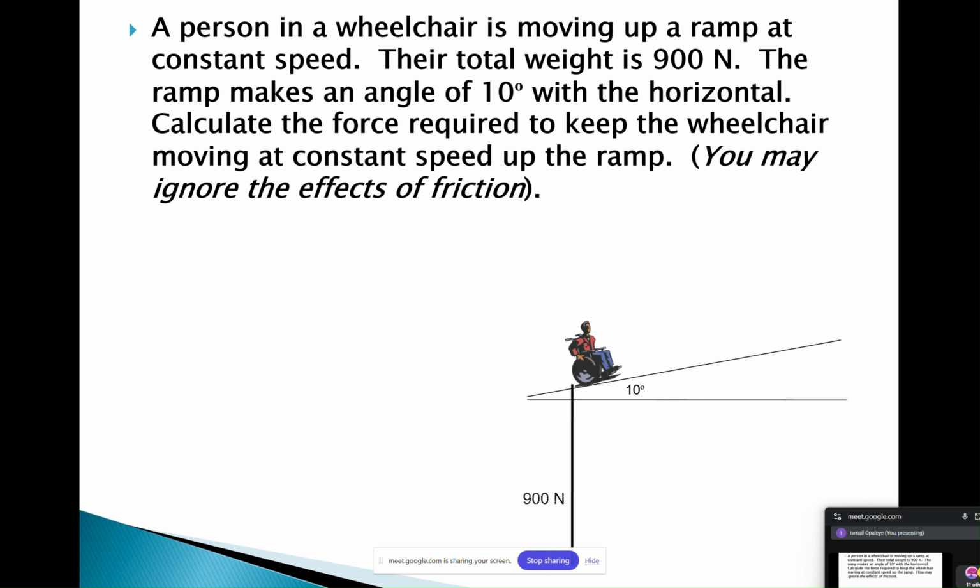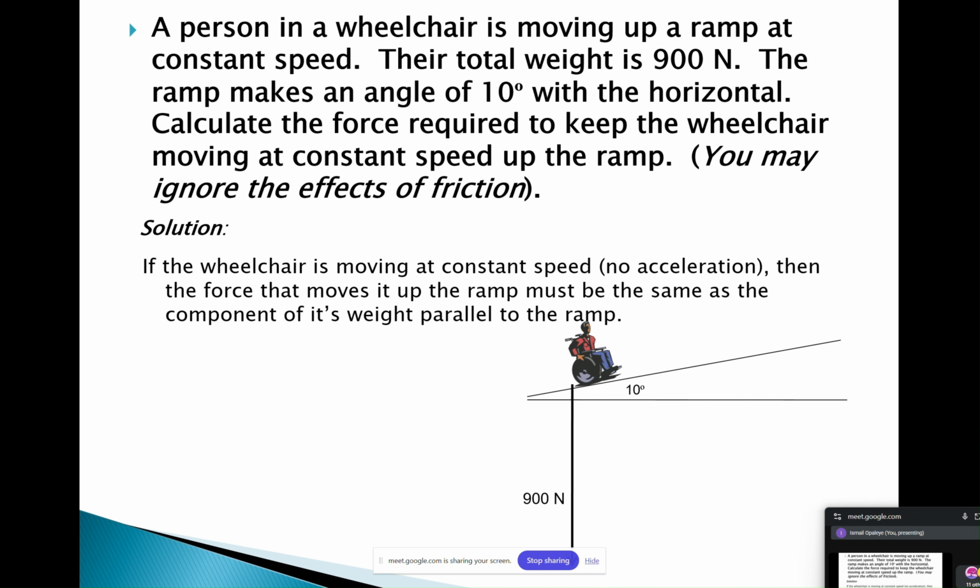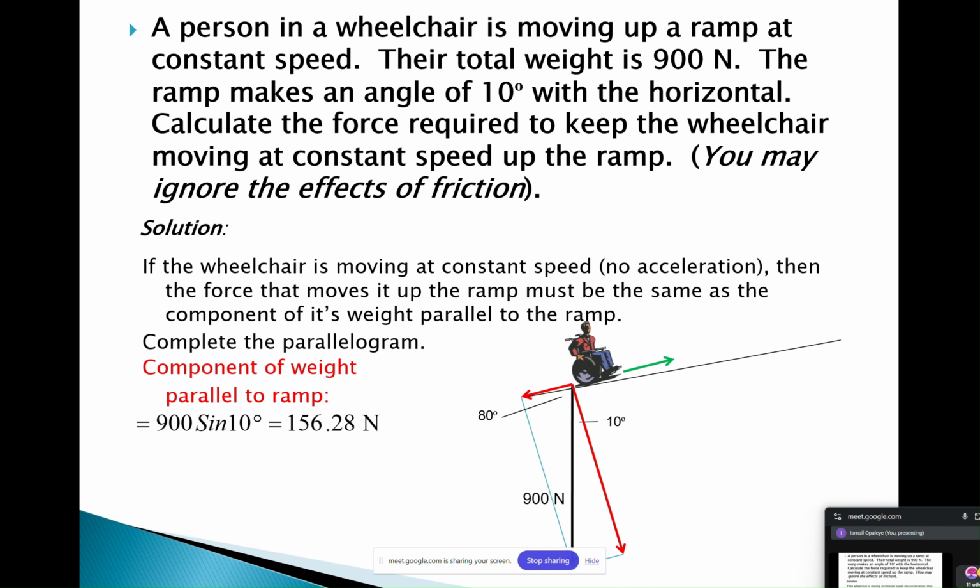A person in a wheelchair is moving up a ramp at a constant speed, and their total weight is 900 Newton. The ramp makes an angle of 10 degrees with the horizontal. Calculate the force required to keep the wheelchair moving at constant speed up the ramp.